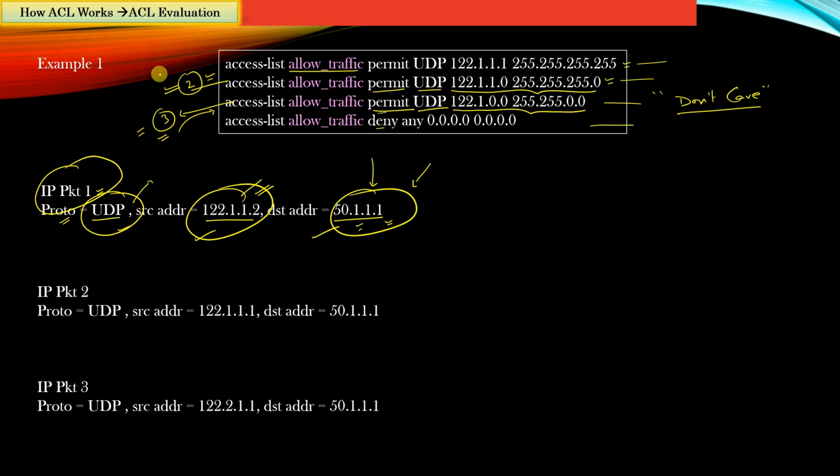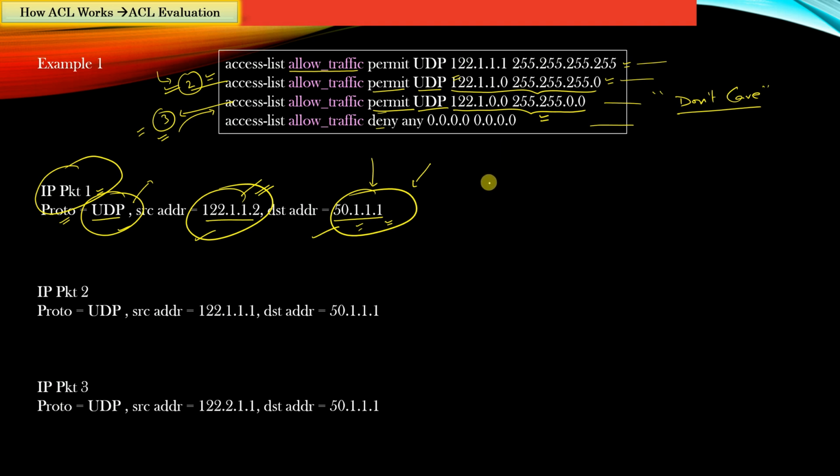We will say that ACL rule number 2 has permitted the packet because ACL rule number 2 is more specific as compared to ACL rule number 3. You can see that the subnet mask value in ACL rule number 2 is more specific as compared to the subnet mask of the source address specified in ACL rule number 3.